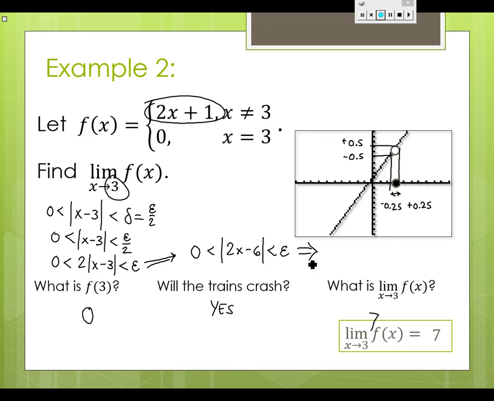And we can ignore the 0 if we like. This is just |2x plus 1 minus 7| is less than epsilon, and that's exactly what we wanted to show, right? We wanted to show that |f(x) minus L|, in this case 7, is less than epsilon.